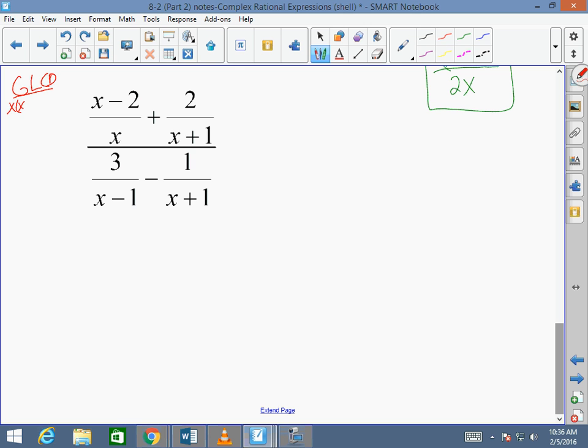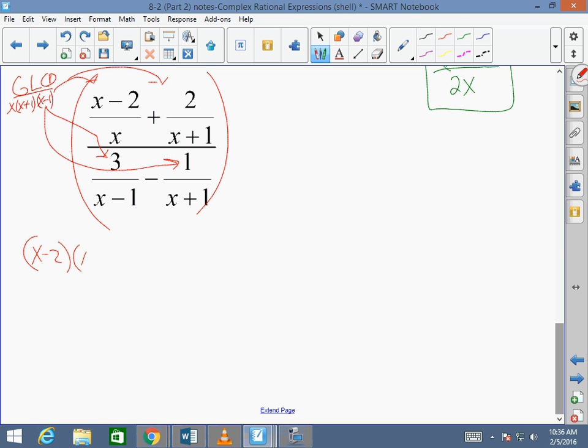This is x times x plus 1, x minus 1. So I am literally going to multiply that to here, here, here, and here. So when I multiply x times x plus 1 times x minus 1 to x minus 2 over x, the x's will cancel, correct? So I'm left with x minus 2 times x squared minus 1.